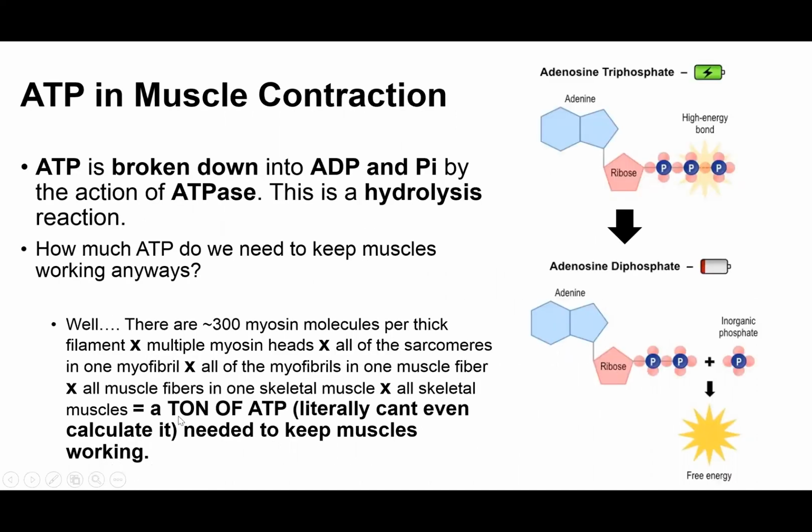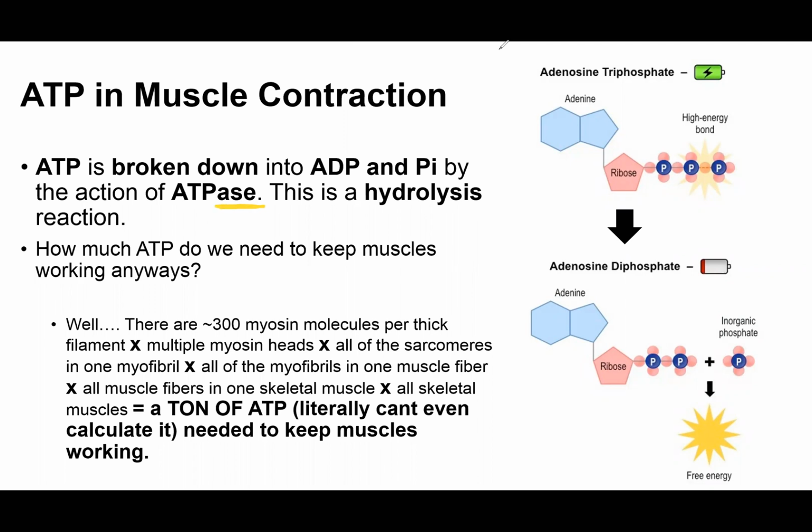Now, in muscle contraction, ATP is broken down into ADP and inorganic phosphate by the action of something called ATPase. And just to give you some context here, the ASE part of ATPase, anytime you see ASE, this usually means it's an enzyme that breaks stuff down.